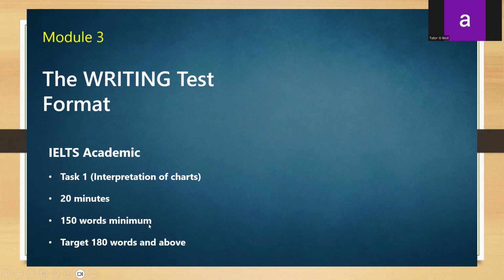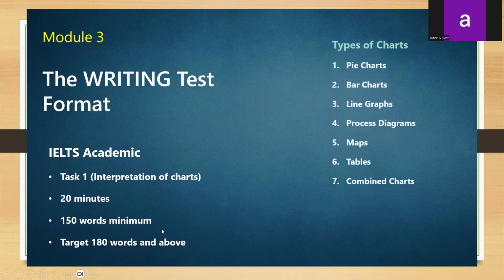But the minimum should be 150 words. Now, there are 7 different types of charts that you're going to see for the IELTS academic task 1. We have pie charts, bar charts, line graphs, and the rest. So I will be making videos on each one of them to explain how to go about approaching them so you are better prepared.